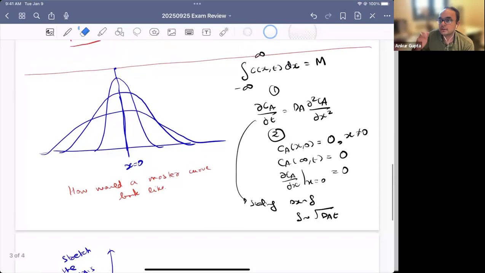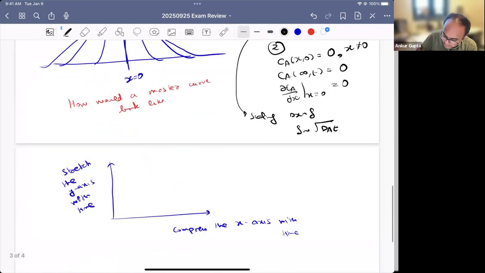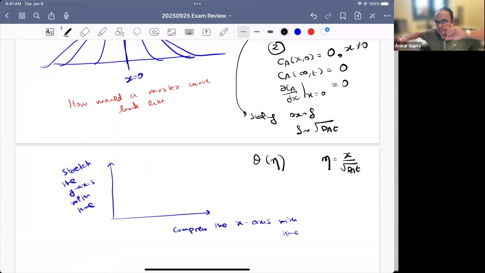So I want to find theta of eta. In eta, my delta is doing the job, because I can write x by the square root of Dt. With time, I'm compressing my x-axis, as time increases, I'm bringing everything smaller and smaller. That makes sense.